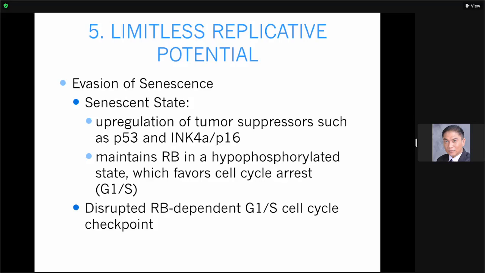Or you maintain RB in hypophosphorylated state. Kasi with that, mas nag-favor tayo with cell cycle arrest at G1S checkpoint. So to prevent senescence, kinakailangan i-disrupt mo itong mga processes na to. You have to disrupt these RB-dependent G1S cell cycle checkpoints.